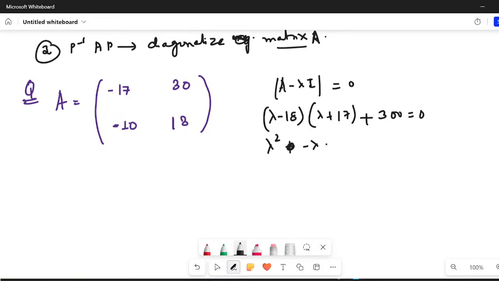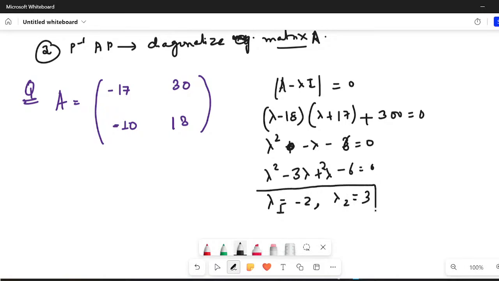So you're getting minus 306 plus 300, so you'll get minus 6 equal to 0. So it is giving lambda square minus 3 lambda plus lambda minus 6 plus 2 lambda. So one of the eigenvalues I'm getting is minus 2, another eigenvalue I'm getting is 3. So two eigenvalues I've got.